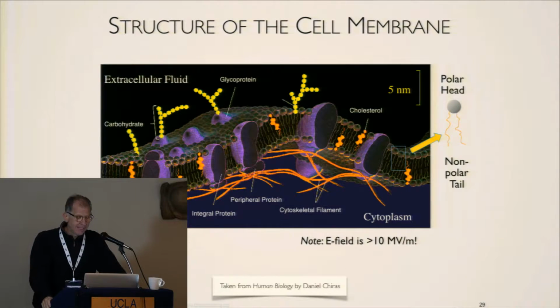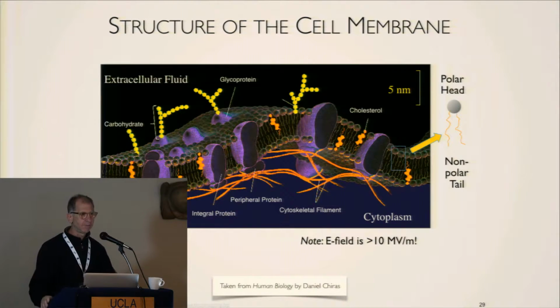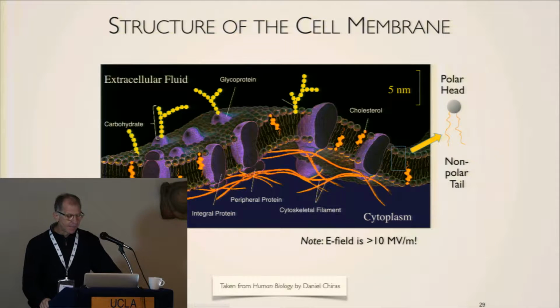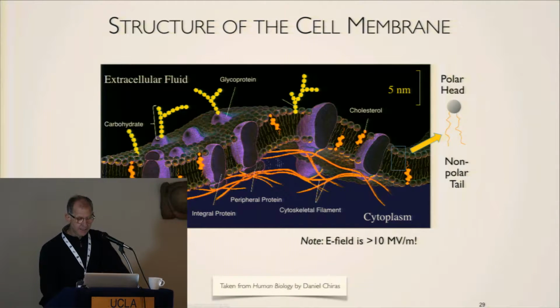The cell membrane itself is a lipid bilayer, just a little micelle of fat, and it is constructed in such a way that fat is made up of a polar head, something that's charged, and a non-polar tail, basically a hydrocarbon tail.